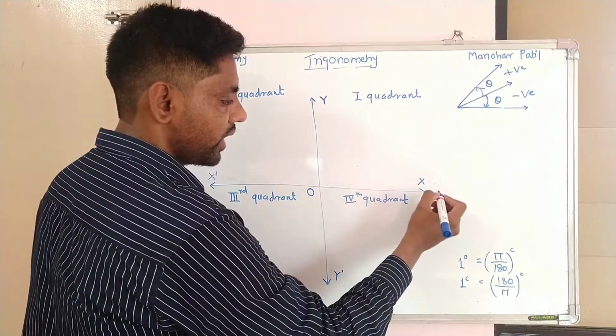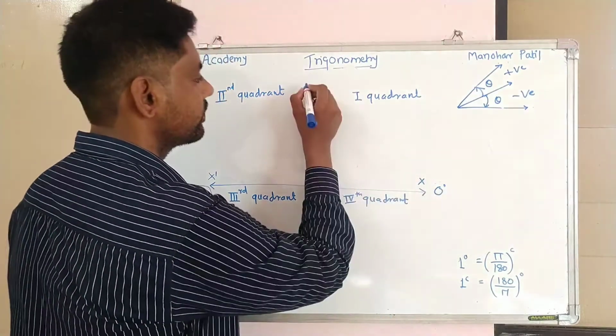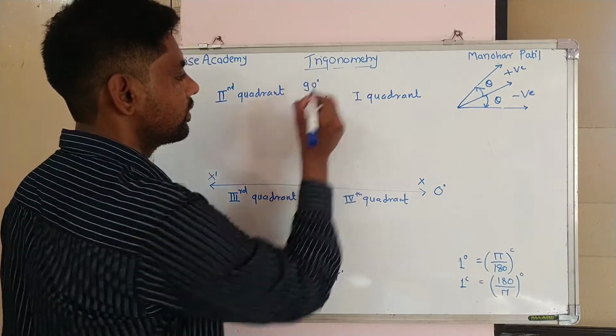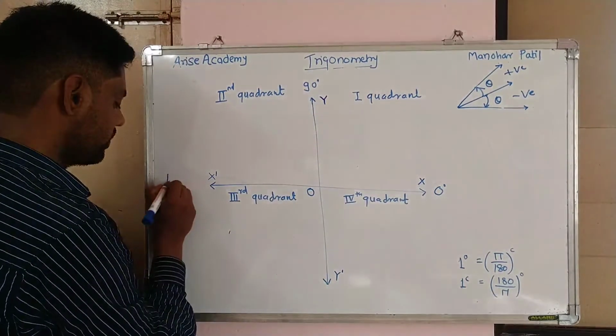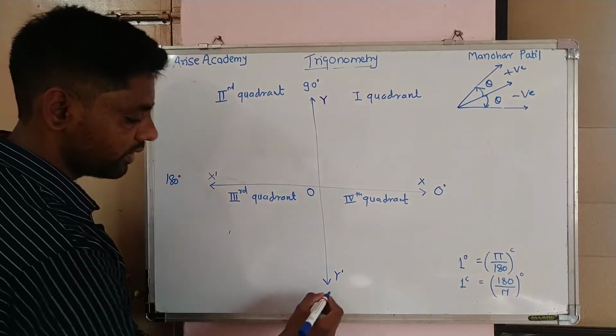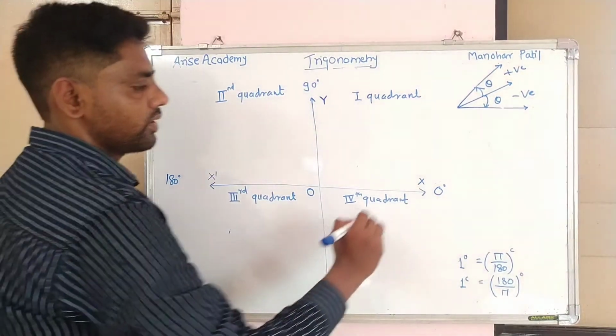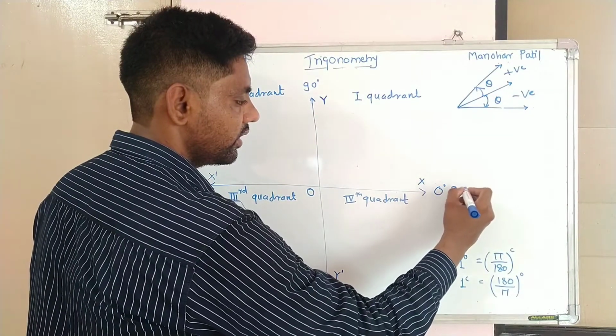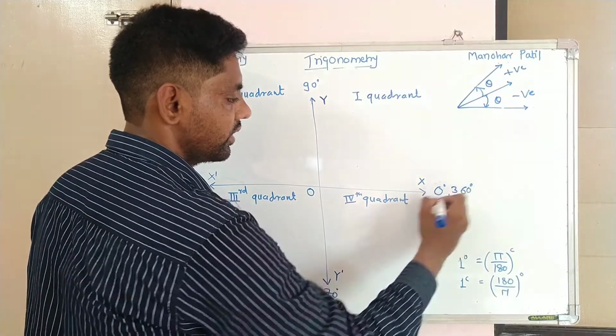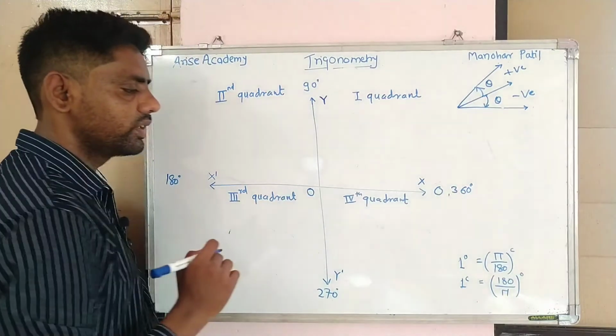So we can write the angles: 0 degree, 90 degree, 180 degree, 270 degree and 360 degree. So we write in degree form.